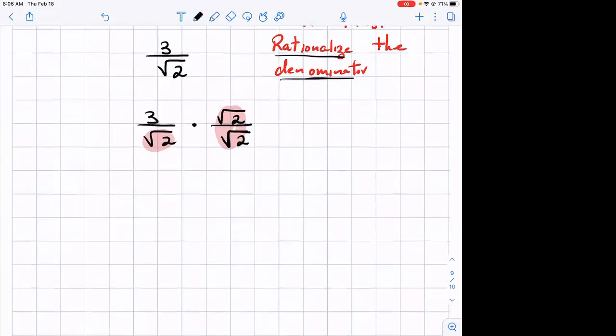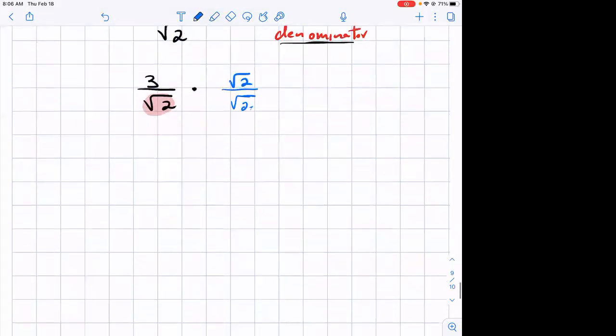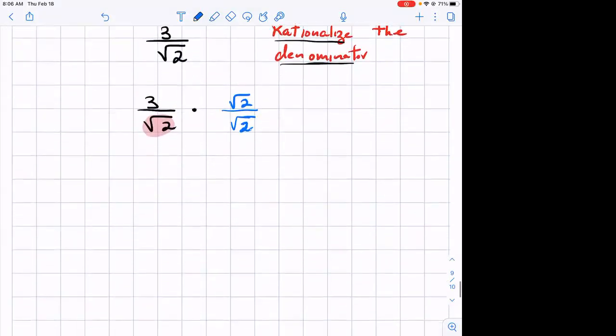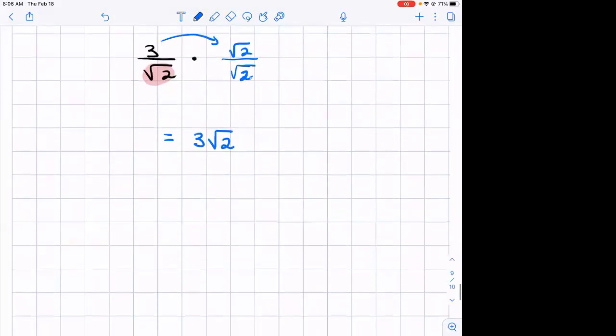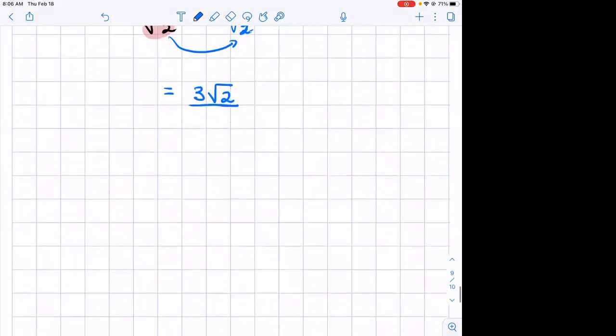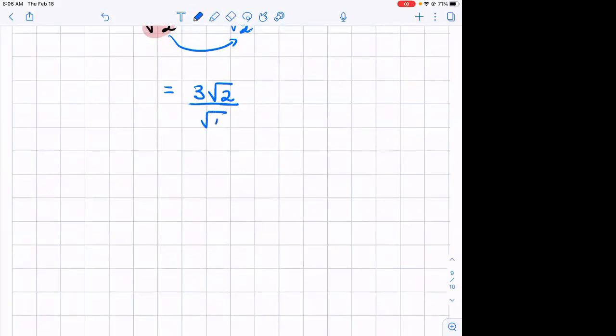Now, if you multiply, so let me just put this here in a different color. This becomes the square root of 2 times the square root of 2. This is what the rationalization is. If you multiply the top, you will get 3 root 2. But if you multiply the denominator, square root of 2 times square root of 2 is the same as square root of 4, or we can say the square root of 2 squared.